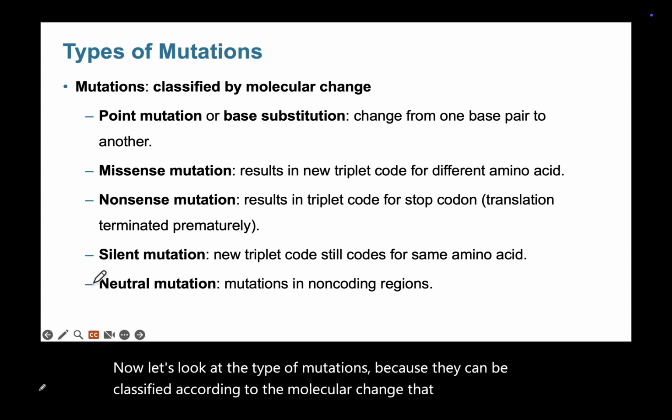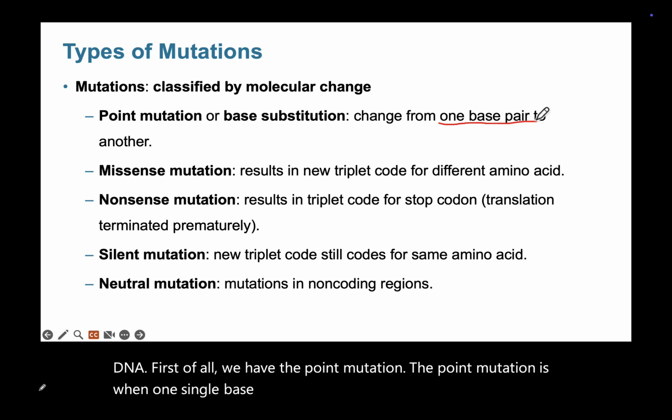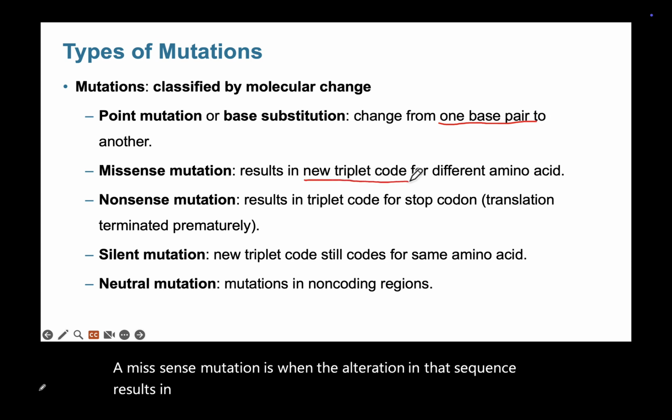First of all, we have the point mutation. The point mutation is when one single base pair is changed or substituted to another. A missense mutation is when the alteration in that sequence results in a new triplet code, which results in a different amino acid.